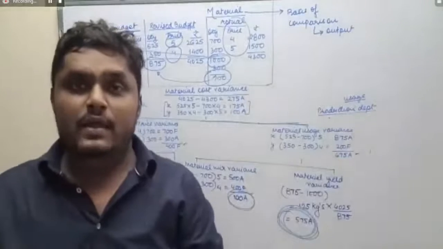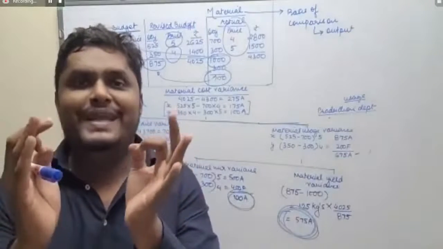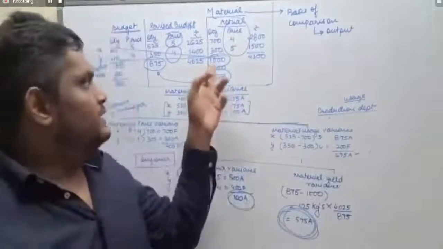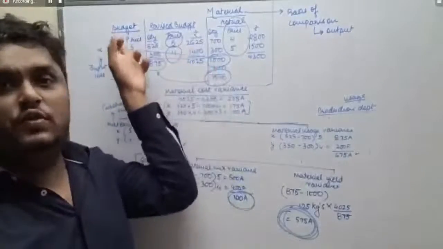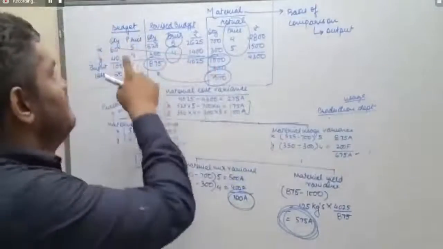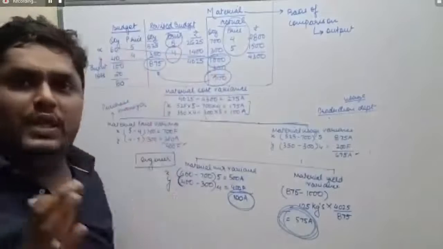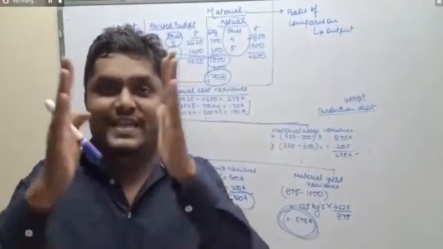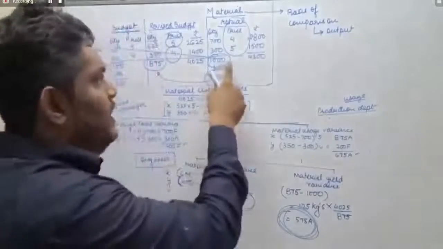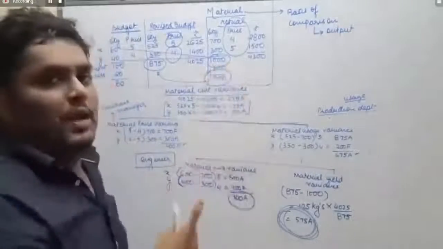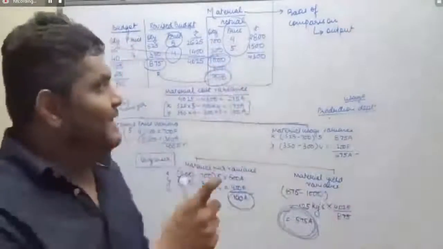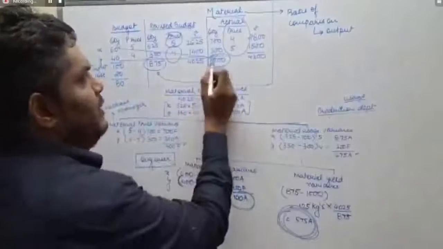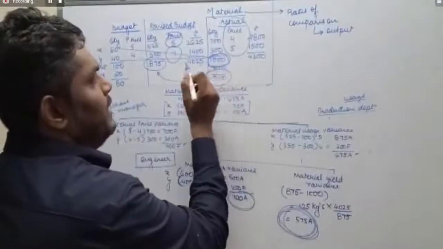Now see, the management has advised us to keep the mix in the ratio of 60:40. Check the total input. The actual input that was made during the year is how much? 1000 kgs.